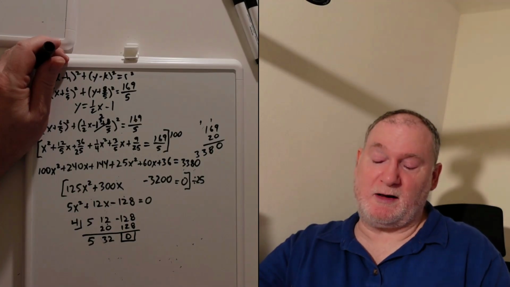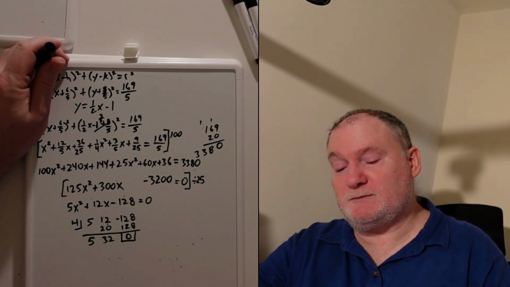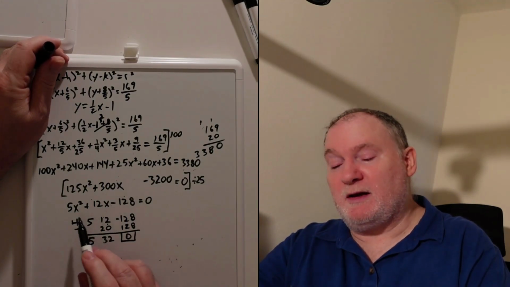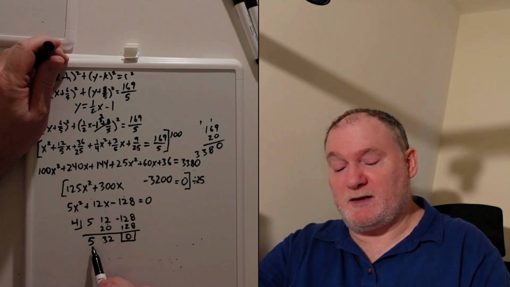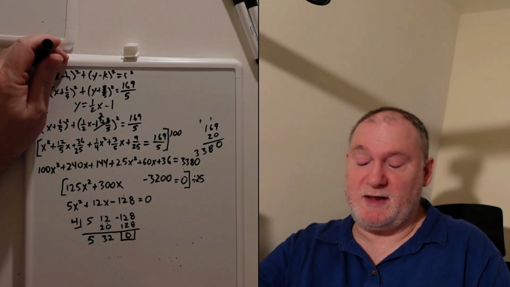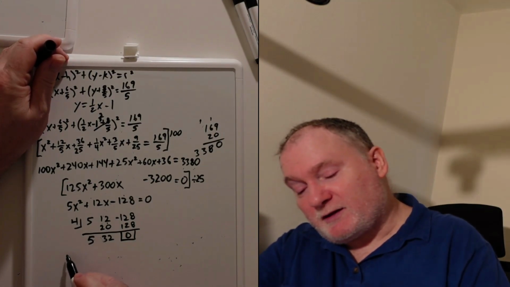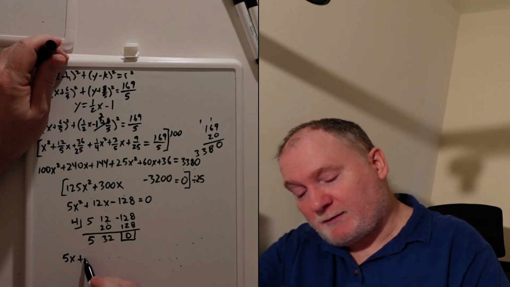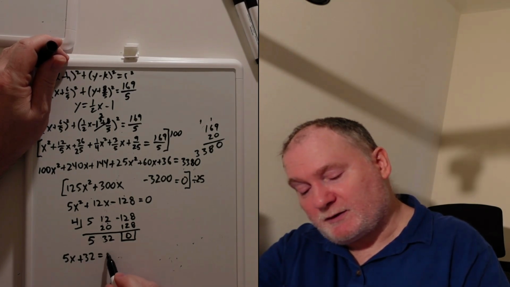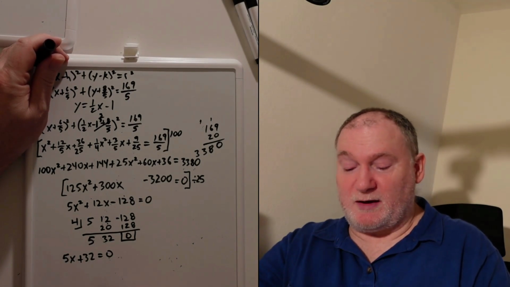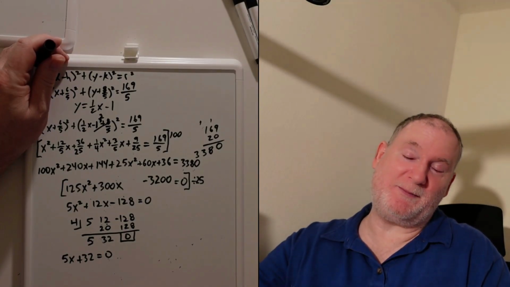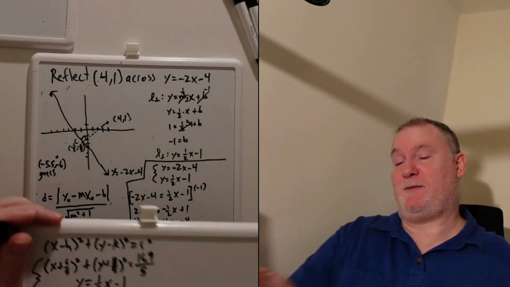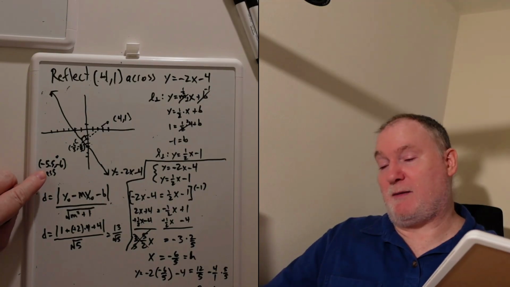So this reduces the power of our equation from a quadratic to a linear. So this leaves us with 5x plus 32 is equal to 0. So now we finally get the x coordinate of our point.